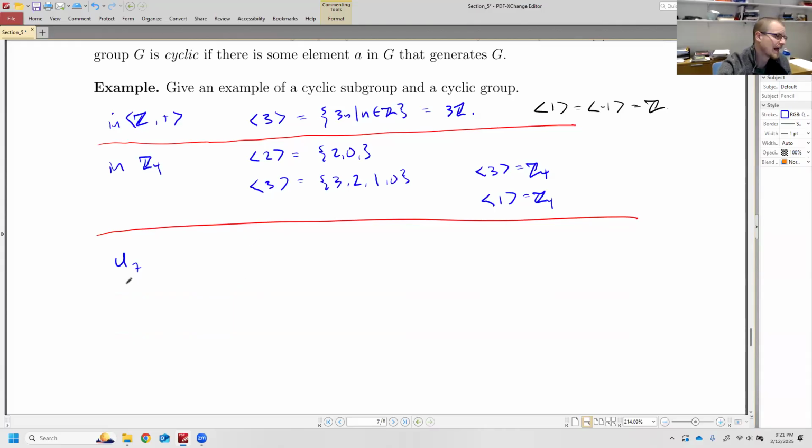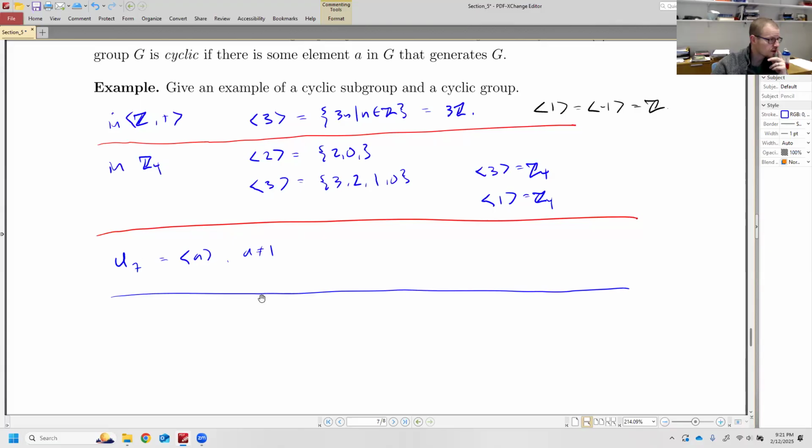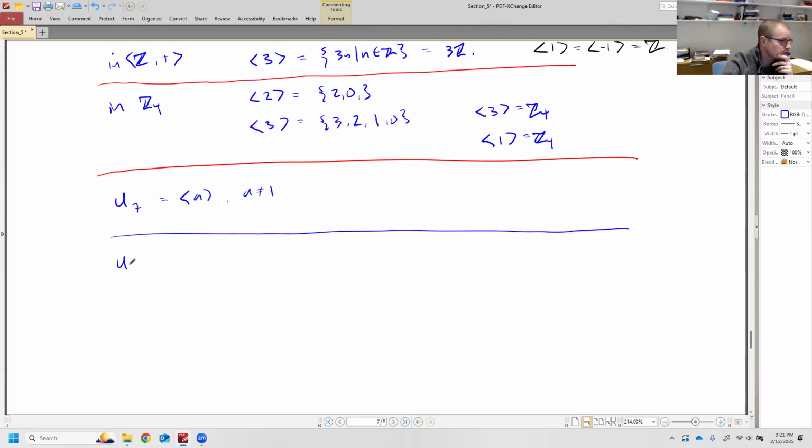If I were to look at any of these, this entire thing is generated by any of its elements except for the identity. So U7 is equal to ⟨A⟩, and it can be generated by any element where A is not equal to 1. So that's really cool. If I wanted to, we could take a look at, for example, U6.